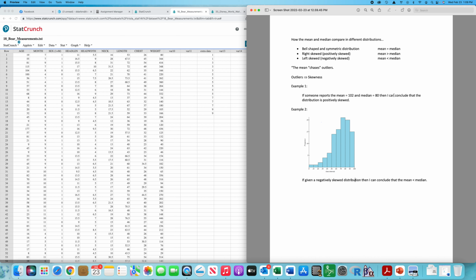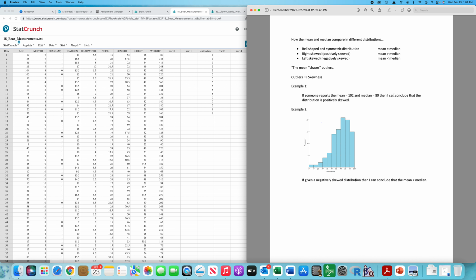So to simplify, this is one of those things in mathematics where it's almost like an if and only if statement. So if someone tells me that the mean is 102 and a median is 80, because the mean is significantly higher than the median by 22 points, then I can conclude that very, very likely the distribution is positively skewed.